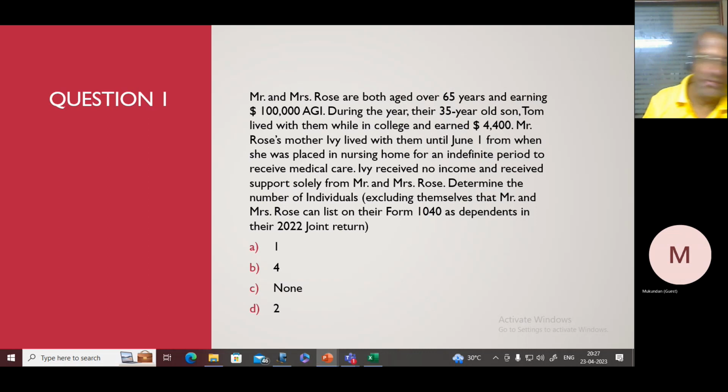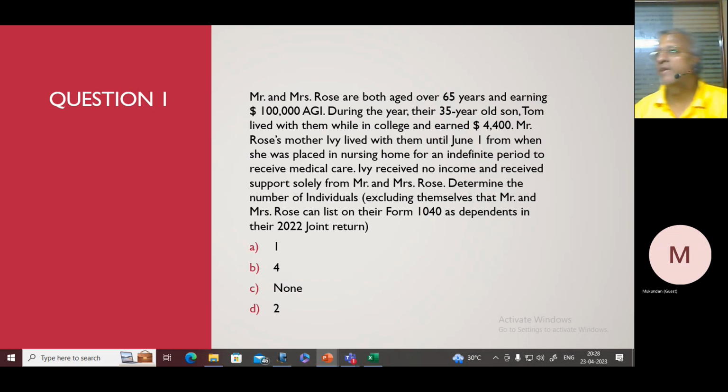And number three, residence. Because of the hospitalization, she lived with them until June 1st, but for medical care she had gone out for an indefinite period. For parents, naturally, you don't expect them to continue living with the taxpayer.